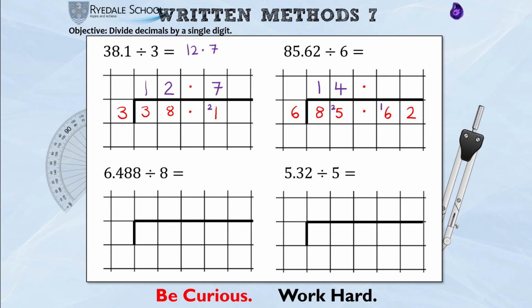How many times does 6 go into 16? Well, 6 times 2 is 12, so that is 4 left over. And 6 into 42 is 7 times. So the answer to this one is 14.27.